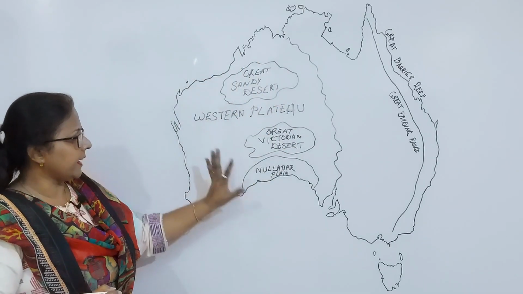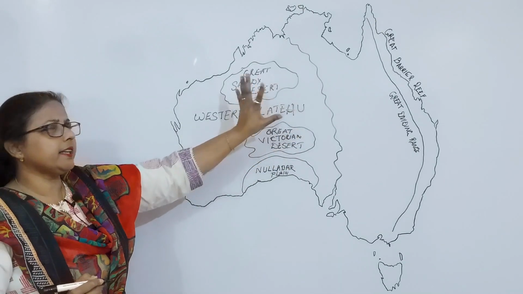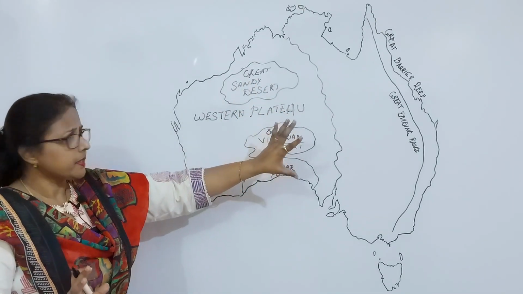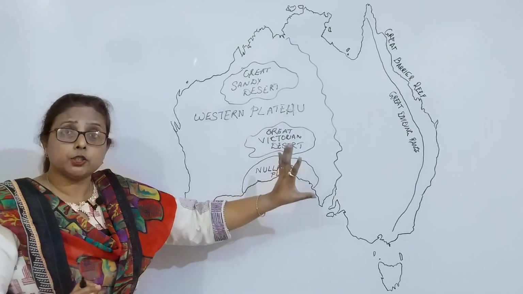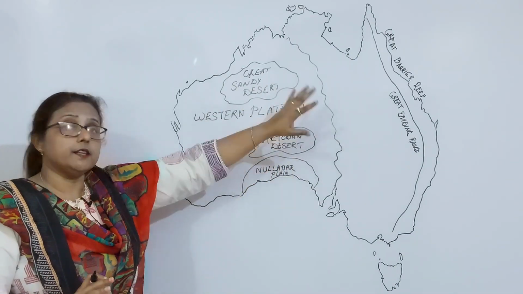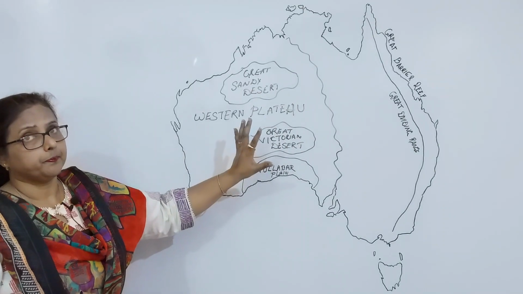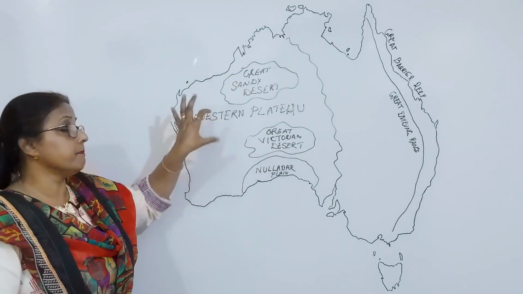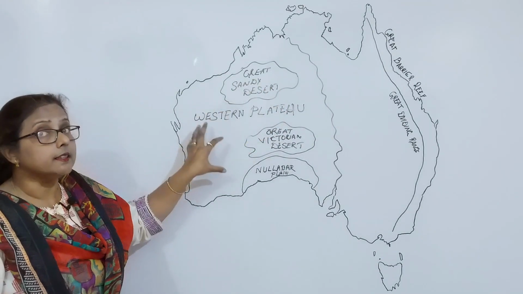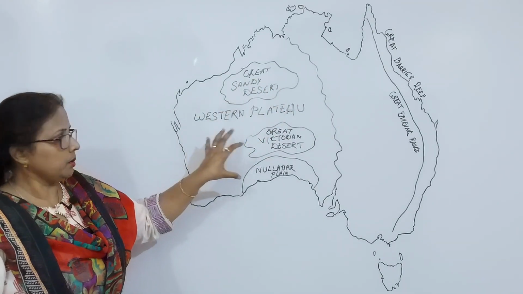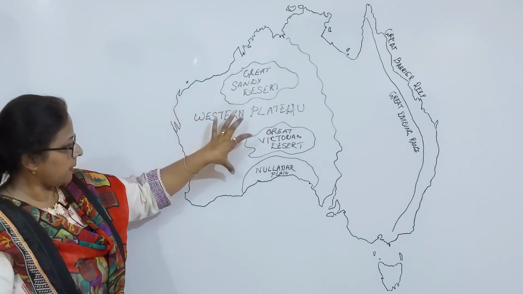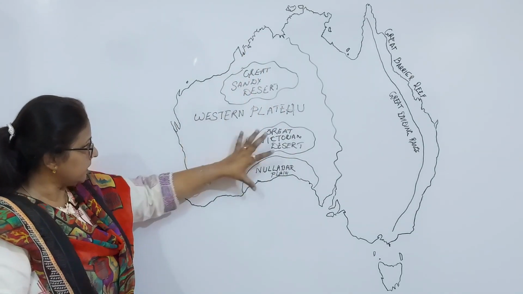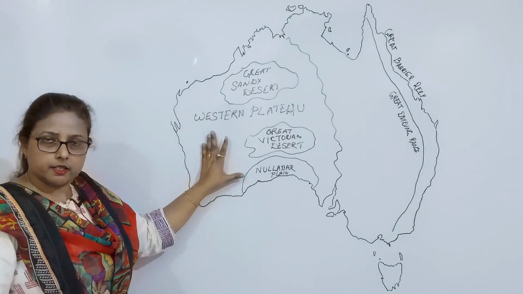This entire area is pretty hot, has a very hostile climate, very dry, and that is why the population of this entire region is very sparse. However, very rare minerals are found in these regions. So some people who are working in the mines over here are scattered in these regions where there is availability of minerals.